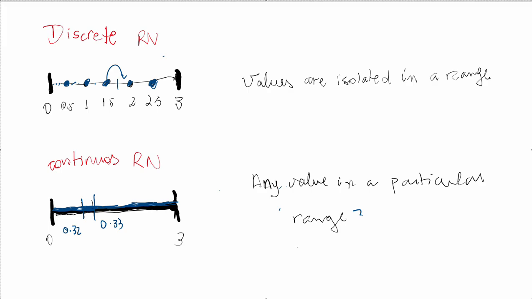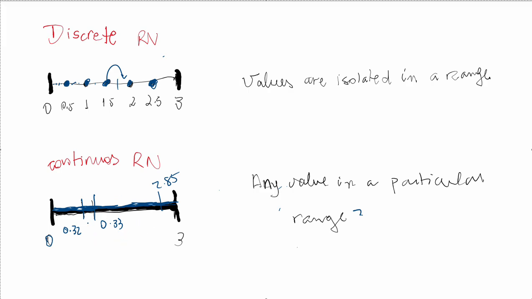At some point, you can say that your variable can have any value in that range. So, for example, if you have a range between 0 and 3, your variable can be 0.32, it can be 0.33, it can be 2.85, it can be any value inside that range. You're not locked into the bullets that appear in discrete variables.